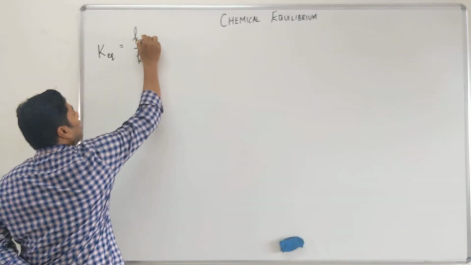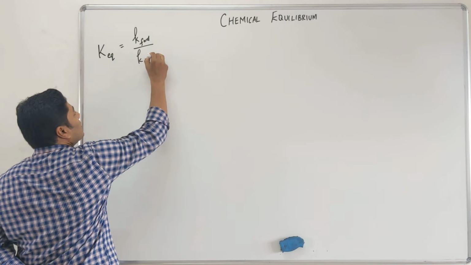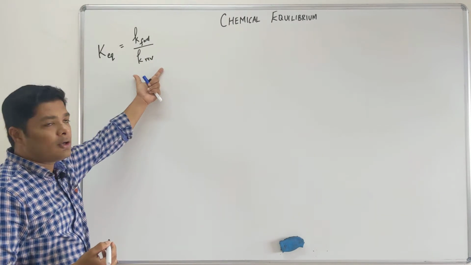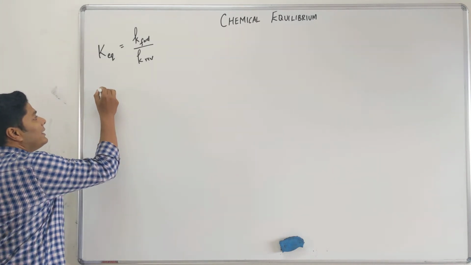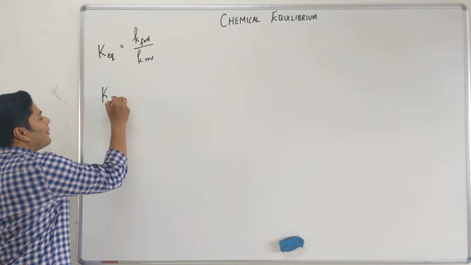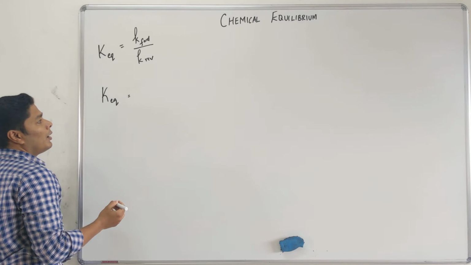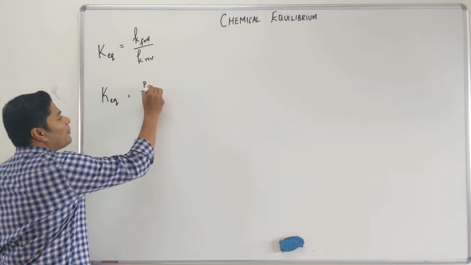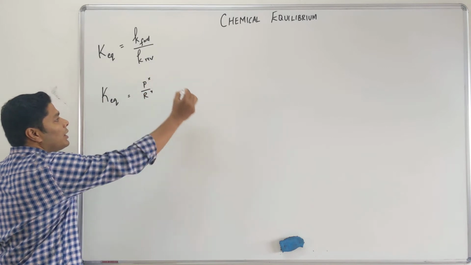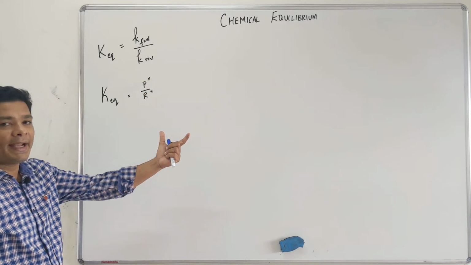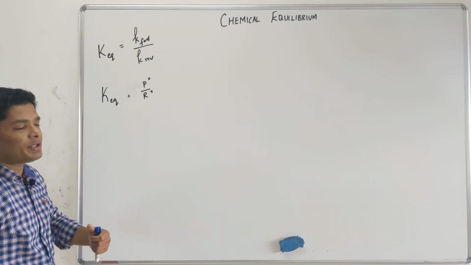Equilibrium constant is basically the ratio of rate constant of forward and reverse. Although we are not going to be using this right now because we have not seen kinetics yet. Okay. For us the equilibrium constant is the ratio of product over reactants raised to the corresponding coefficients. Okay. For a given reaction, the coefficients are from the balanced equation.